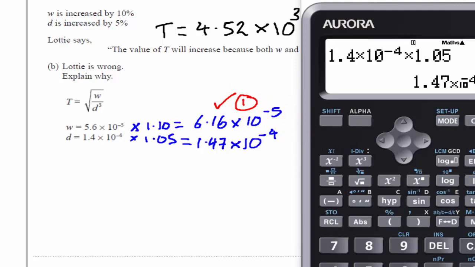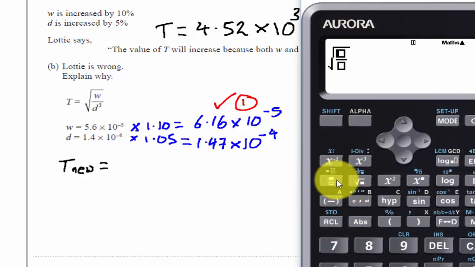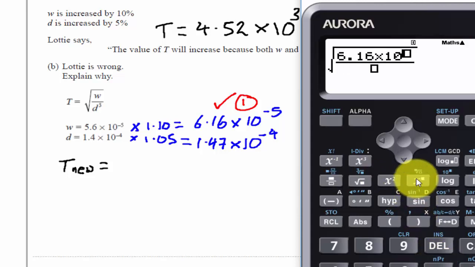To now get the new value of T, if I just put T new, I just have to redo part A with the different numbers. So it's going to be the square root of 6.16 times 10 to the minus 5, and on the bottom 1.47 times 10 to the minus 4.